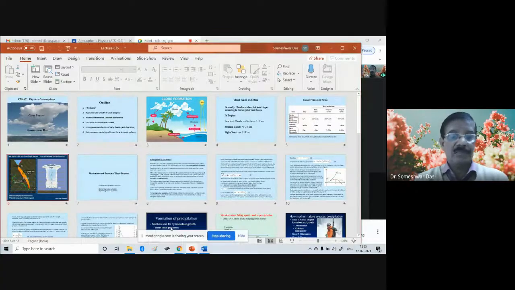Lectures on cloud physics. If you recall, in the first lecture we talked about the types of clouds, how they are classified depending upon the height of their bases, and then further sub-classified into different categories like cirrus, cirrostratus, cirrocumulus, altostratus, altocumulus, stratus, stratocumulus, cumulus, nimbostratus, cumulonimbus, and so many things.